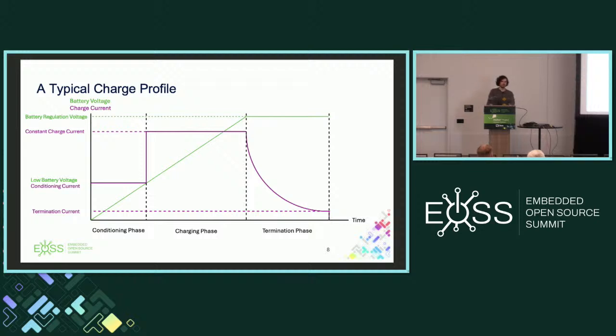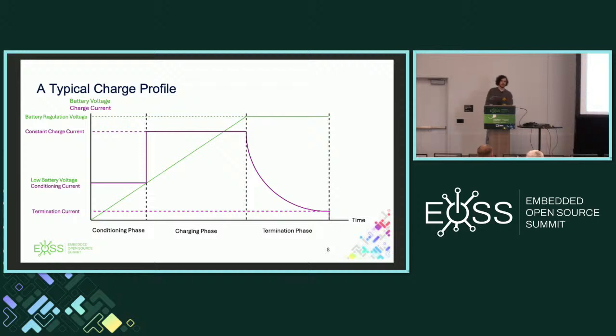At that point, we have seen the battery voltage rise, and the next phase is the charging phase, where that sunk current is stepped up to a constant charge current, and the battery voltage rises further until it hits the battery regulation voltage target.